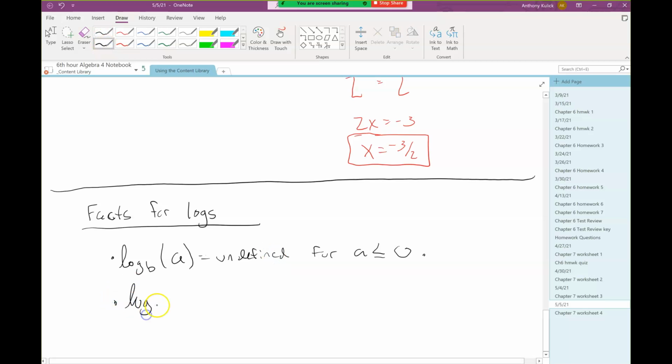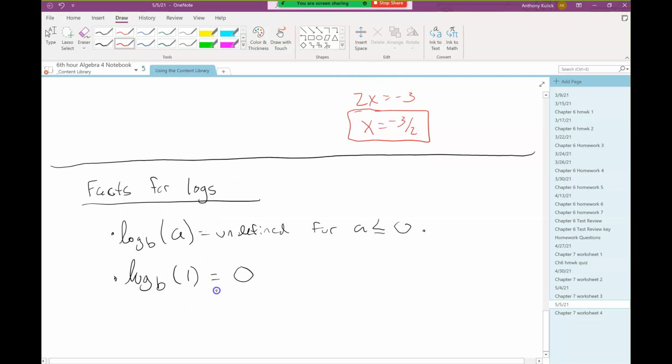Another one, log base b of 1 is equal to 0. If you think about this, what this is saying is just that b to the 0 is equal to 1, which was an identity that we had last chapter, right?